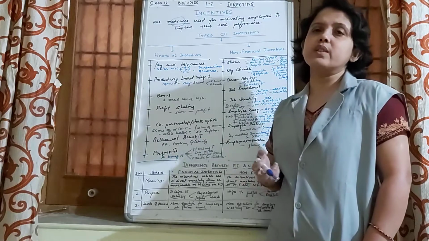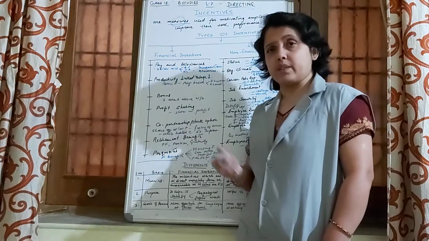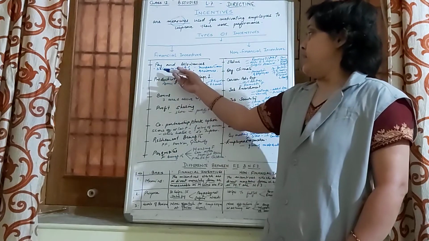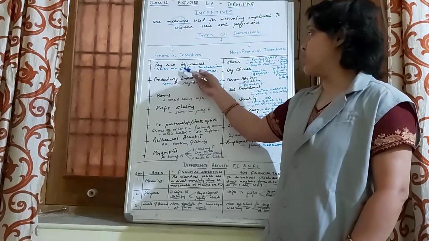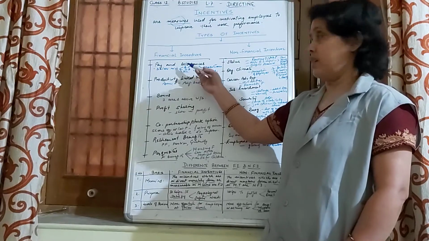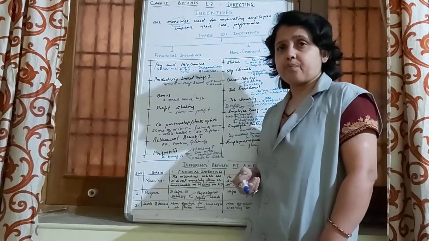Salary is given to each and every employee, and salary is always a motivator. What all does salary include? Salary includes basic pay, dearness allowance, and other allowances.